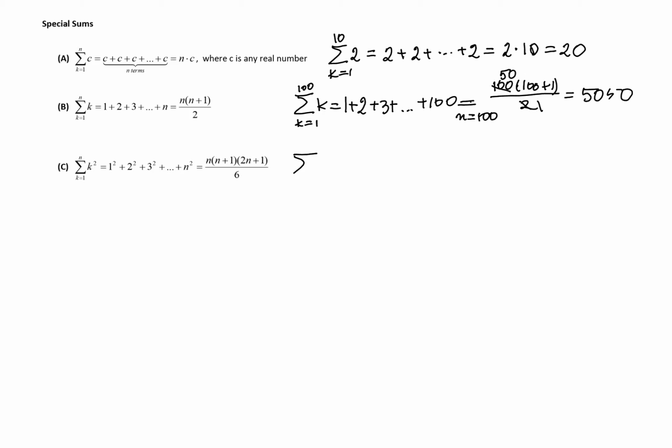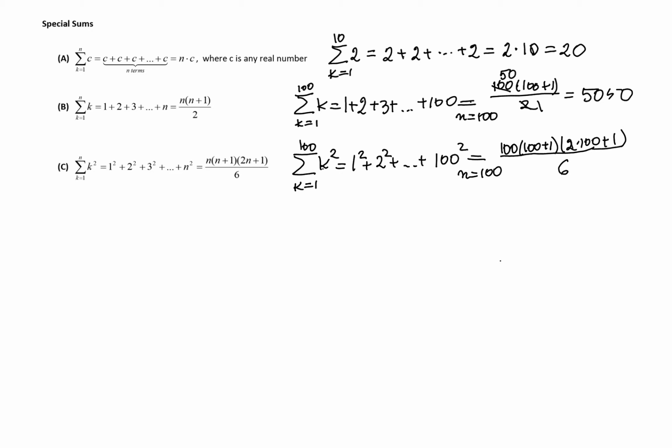So if I want the sum from k equal 1 to 100 of k squared, which is the sum of 1 squared plus 2 squared plus ... plus 100 squared, then again I will use the formula with n equal 100 and will write it as 100 times 100 plus 1 times 2 times 100 plus 1, all of this divided by 6.